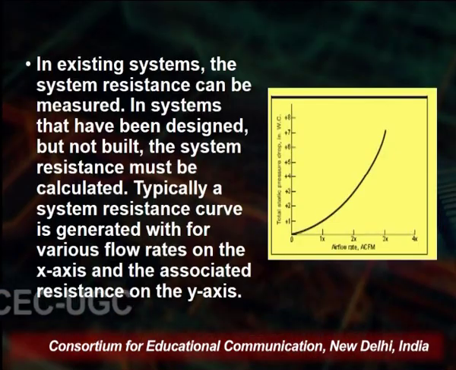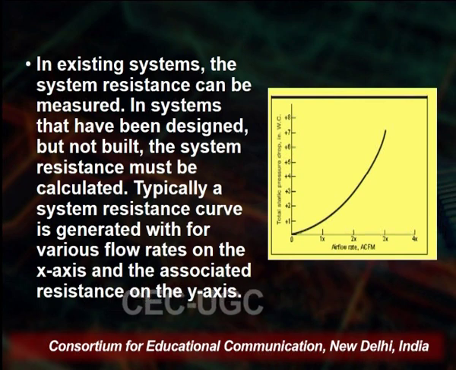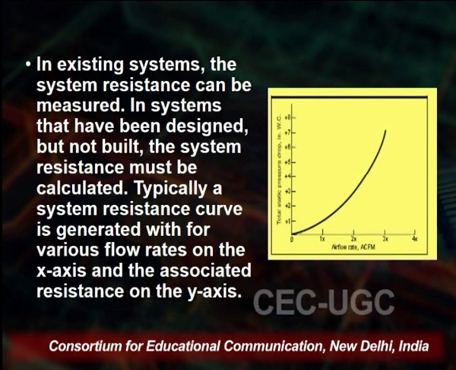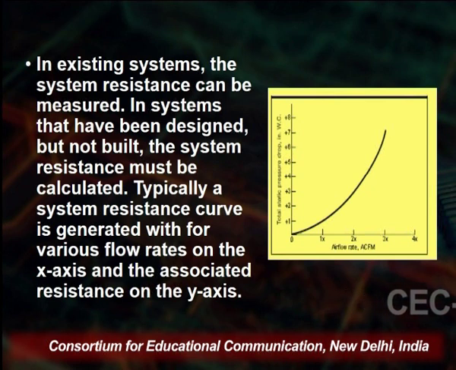To determine the volume the fan will produce, it is therefore necessary to know the system resistance characteristics. You see on the screen the system characteristics. For an existing system, the system resistance can be measured.